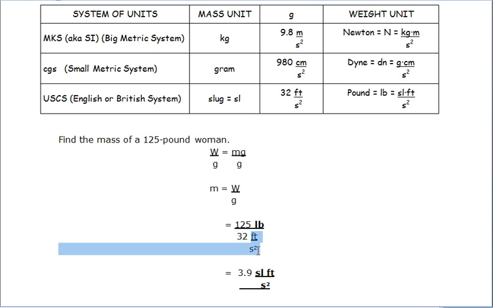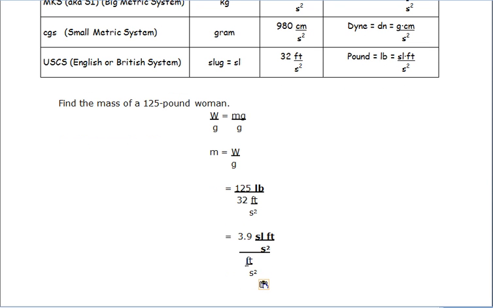So the unit we had above of pound divided by foot per second squared is equivalent to the slug foot per second squared divided by foot per second squared.